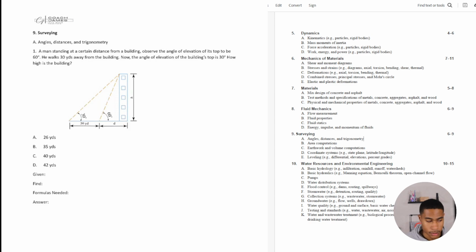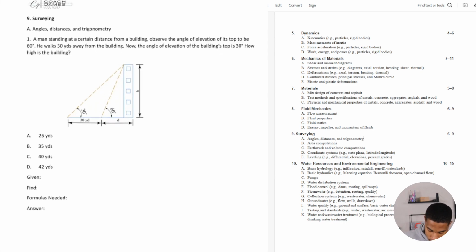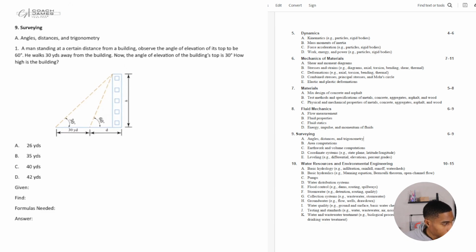So we want to write out the information that we're given. We are given the angles and visuals of where the man is standing.